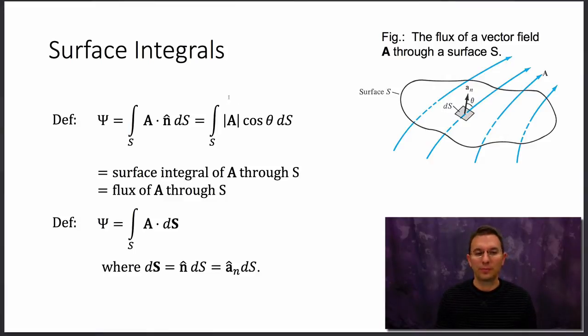In other words, where before with the line integral we were looking at the portion of the field along a line, here it's taking the component of the field that is at 90 degrees to the surface at that point, and adding up all those little contributions all over the surface, and that total, that integral, is the flux psi.